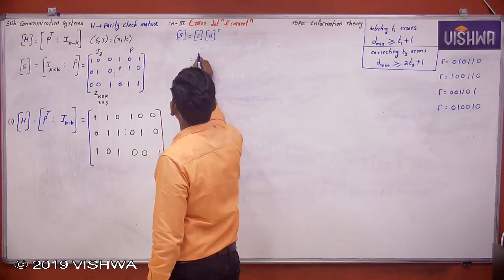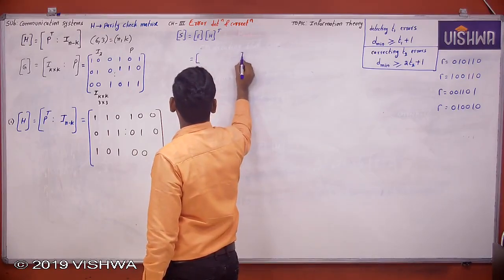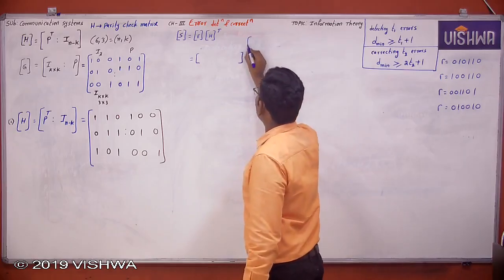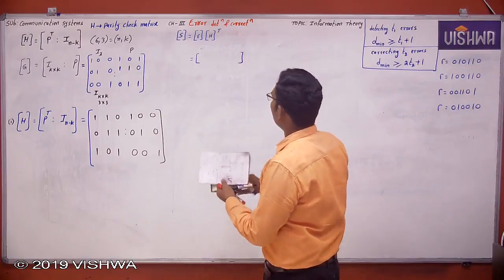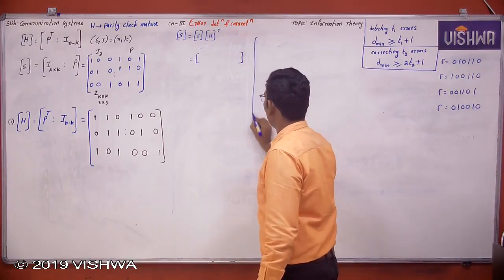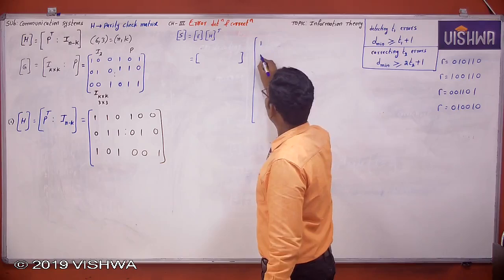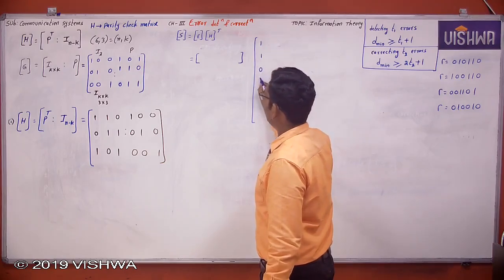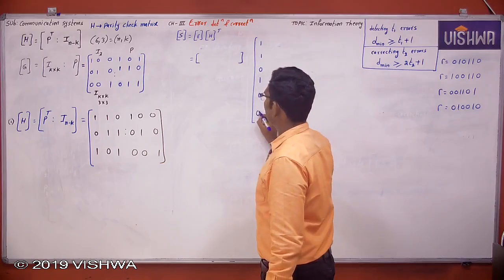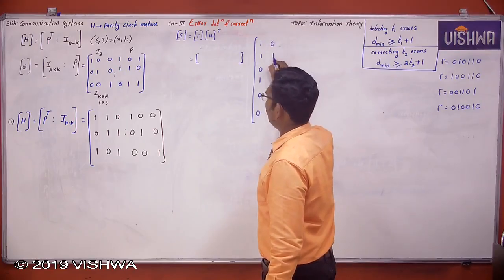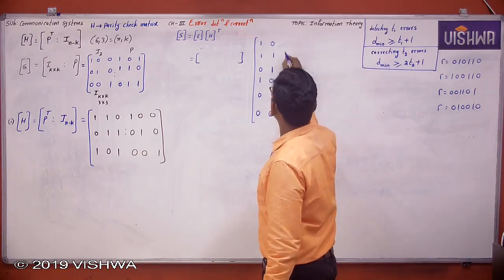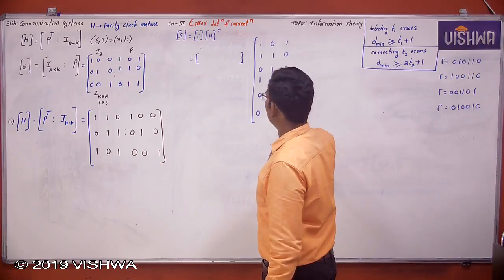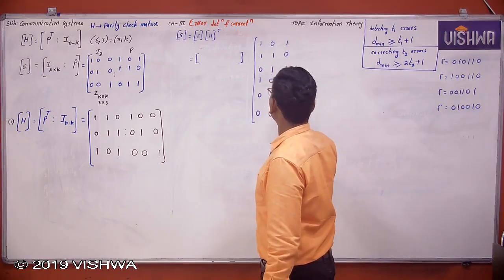Now this is the received code. We will check the received codes one by one. What is H transpose? H transpose is the transpose of the parity check matrix: 1, 1, 0, 1, 0, 0, 0, 1, 1, 0, 1, 0, 1, 0, 1, 0, 0, 1.